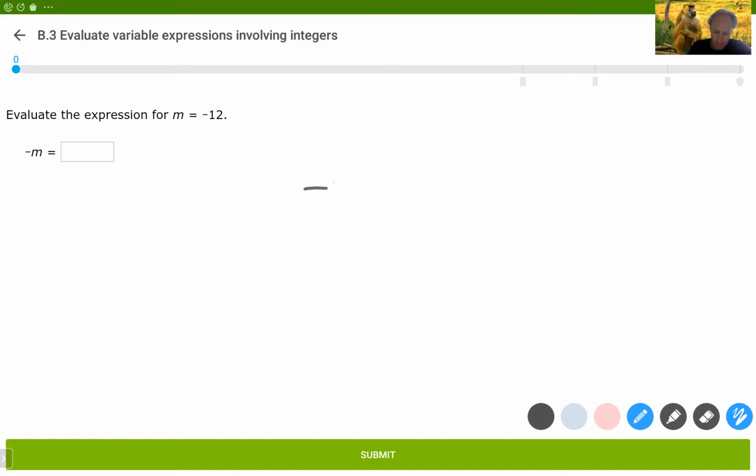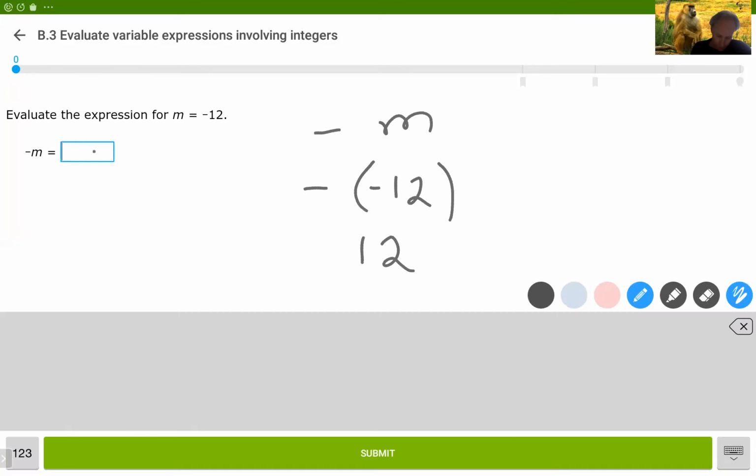So negative m literally means I'm going to replace the m with the -12. And this says the opposite of -12, which is +12. And so we put the 12 in.